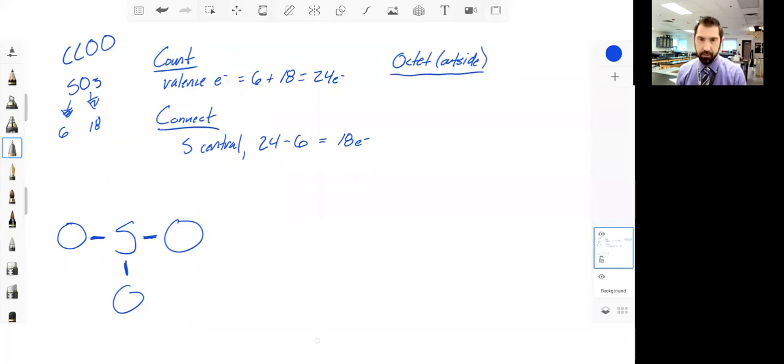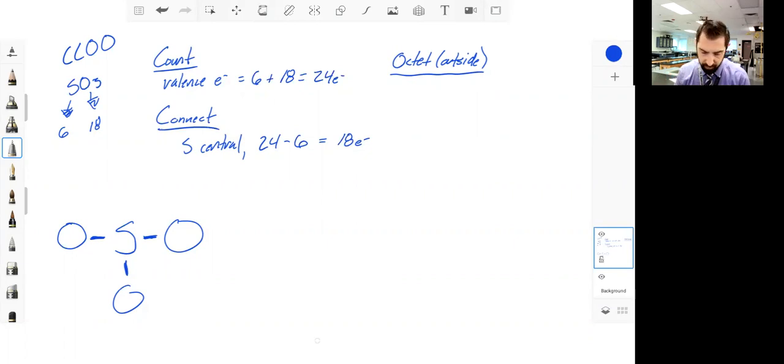Now I've got 18 electrons to place. The outside atoms in this case are oxygens, and I need to get each of those oxygens with an octet. Just like in the previous example, and you'll get used to seeing this, each of those oxygen has 1 bond. So that gives them 2 valence electrons in their outermost shell, because they're overlapping and sharing 2 electrons.